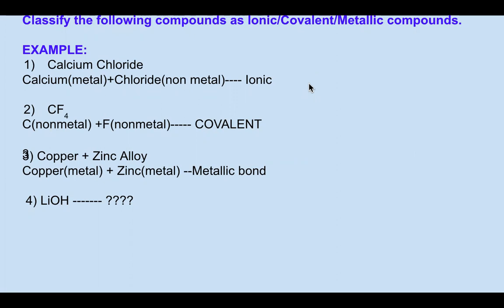Example one is calcium chloride. The answer is given. Calcium is a metal and chlorine is a non-metal. So the bond between calcium and chloride is ionic.